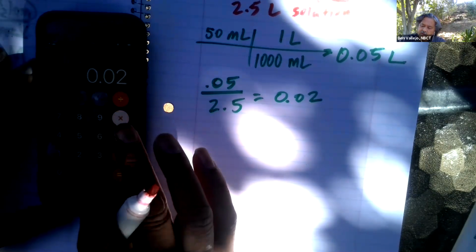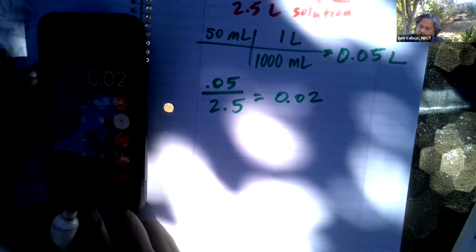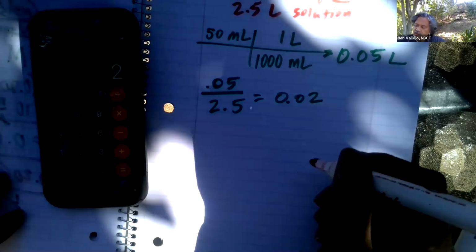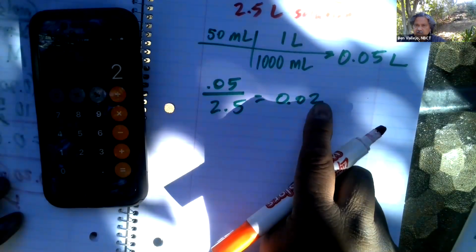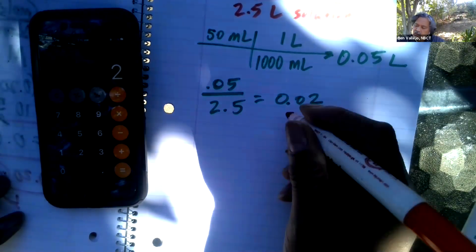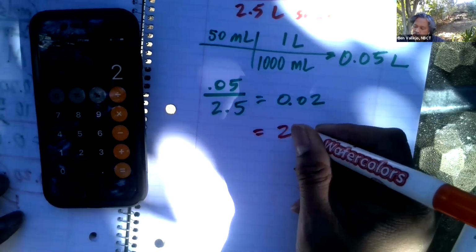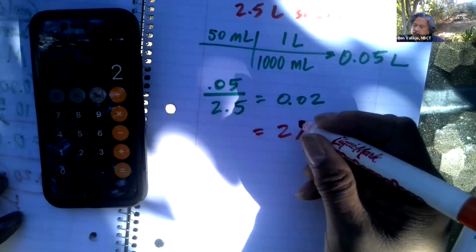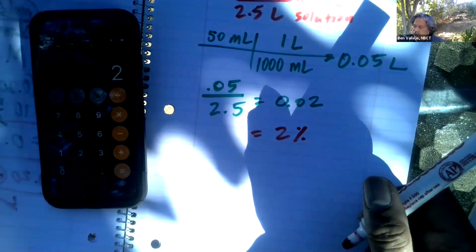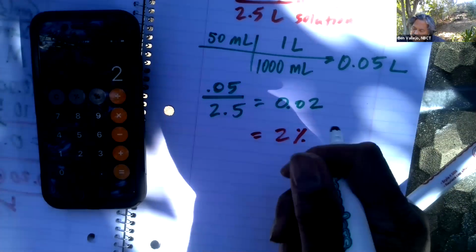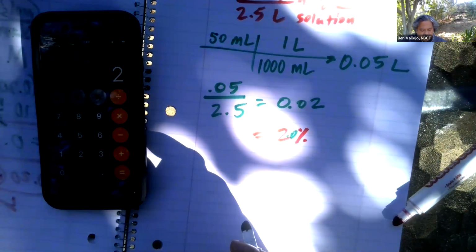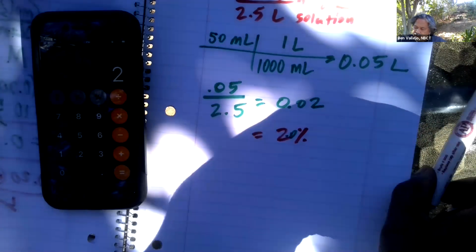So 0.02 times 100 equals 2. Remember, it's just a percentage, so you got to move over twice. So that's going to be 2%. Now it's 2 sig fig, so I'll say 2.0%. And if I look at the answer, woo, that is it.